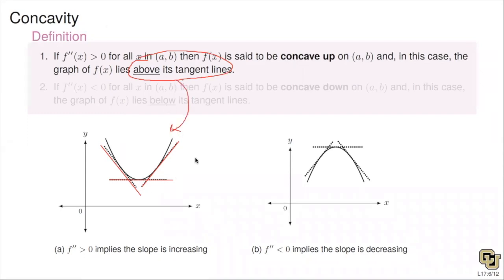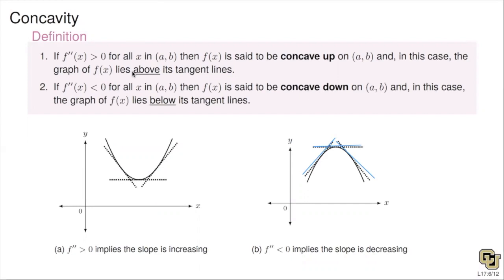You have your concave up. And similarly, if the curve lies below its tangent lines, like here you see you've got positive slope, 0 slope, negative slope. So here the slope is decreasing, which means the second derivative is decreasing.